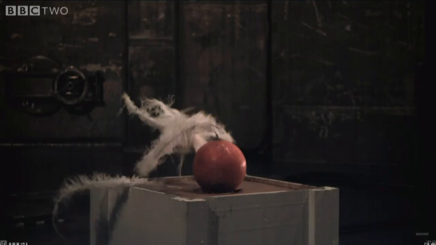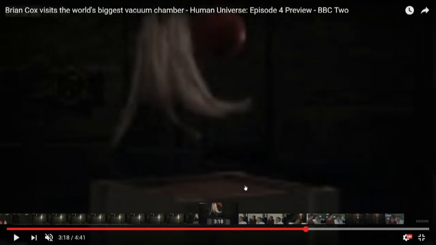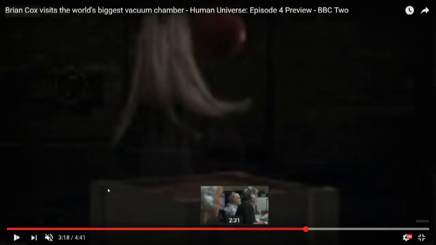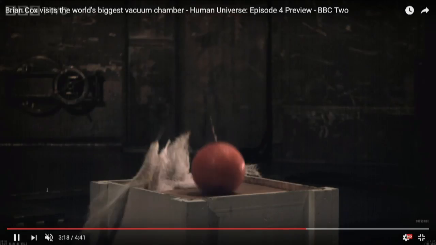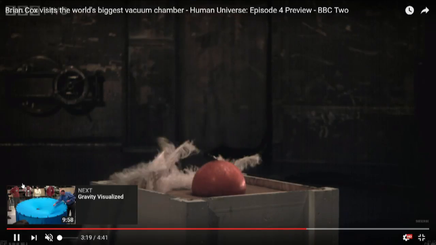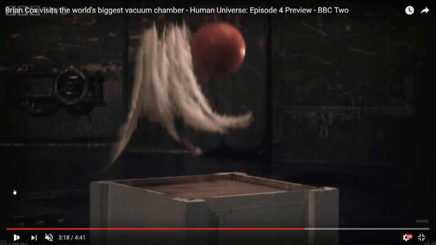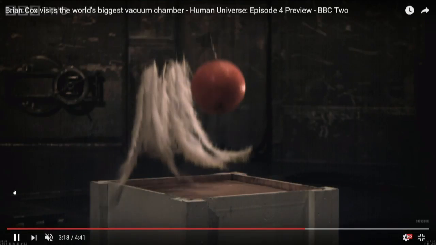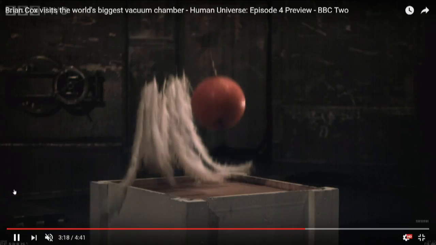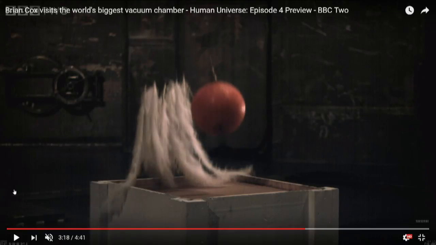But I'll see if I can grab the exact frame, just for the sake of speeding things up. All right, so you can see right there, the feathers haven't changed their shape at all because there's no air in this room, and the bowling ball is falling at the same speed as the feathers.